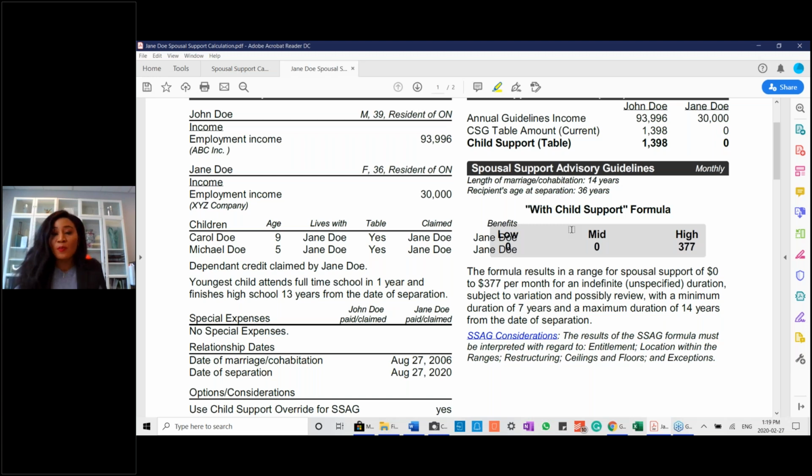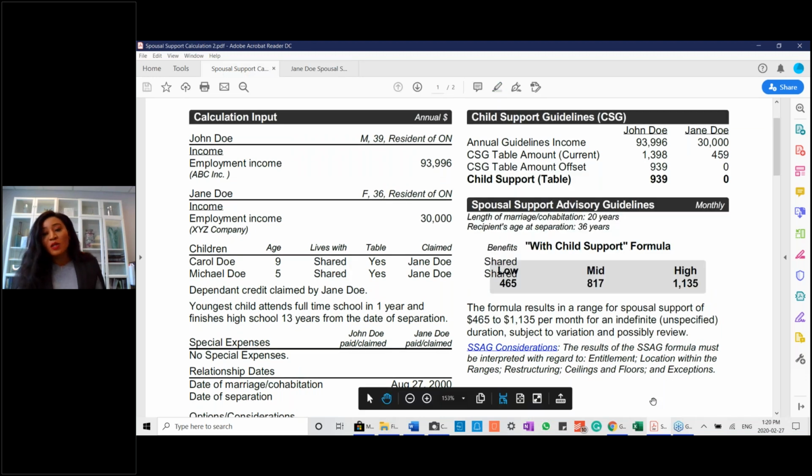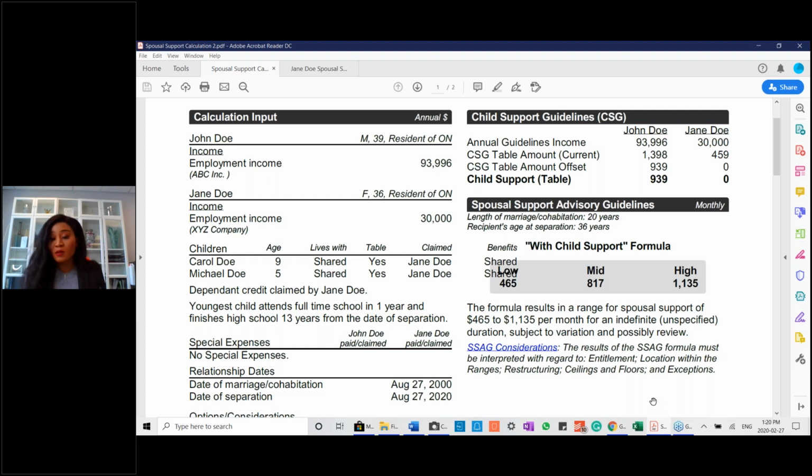Another part that really trips people up is indefinite versus lifetime. In this scenario, there's at least a maximum duration that's been generated. But if we go back to the other calculation, it just says indefinite. Most times when people see this, because it's a 20-year marriage, both sides think, well, I'm getting support forever. Well, there's no such thing, except if you negotiate it, of course.